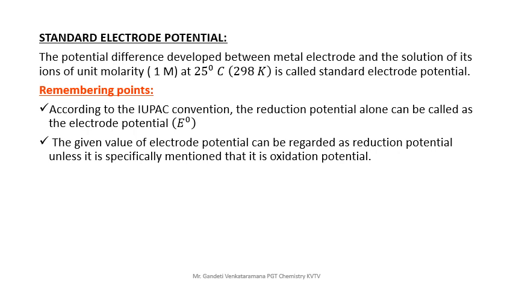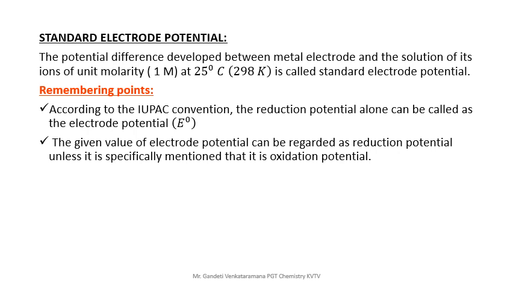But if I mention the electrode potential of zinc, you may think you have two options, oxidation potential or reduction potential. But check the point: unless it is specifically mentioned, it should be taken as reduction potential only. So electrode potential of zinc means reduction potential of zinc, and electrode potential of copper means reduction potential of copper.